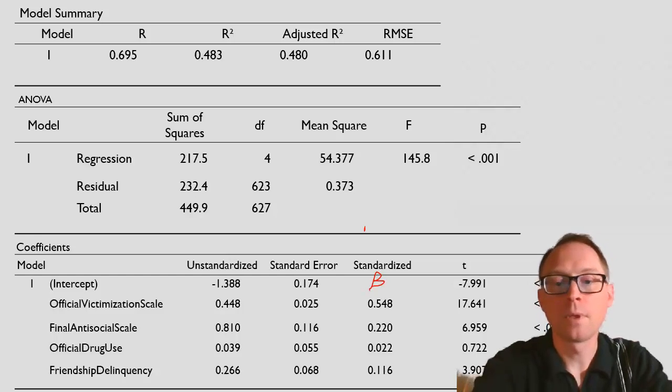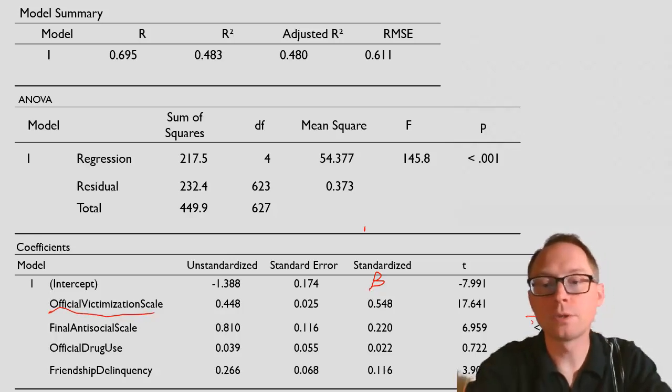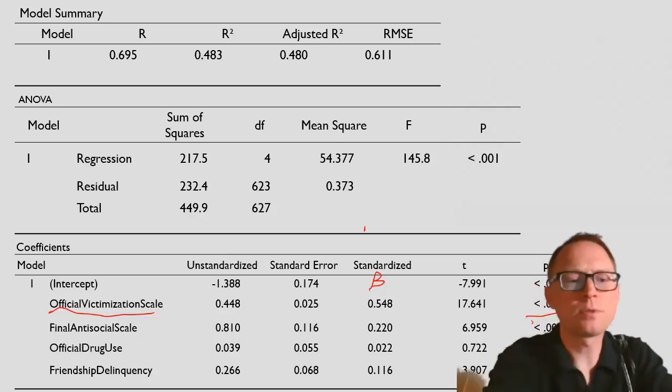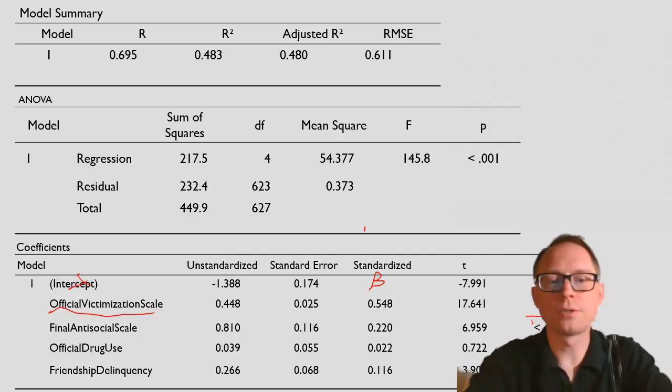All right. What you'll see right here is official victimization. The beta for that is significant at 0.001. All right. By the way, the intercept, don't worry about that. This is a linear regression, so there's actually an intercept that's involved. You don't care about that, okay? The official victimization scale by itself does predict bullying behavior.